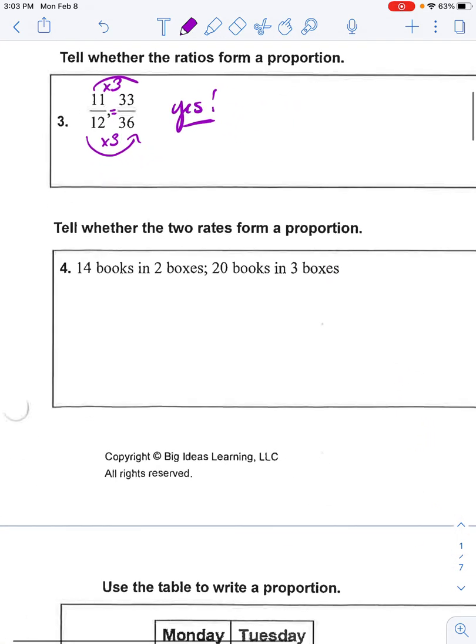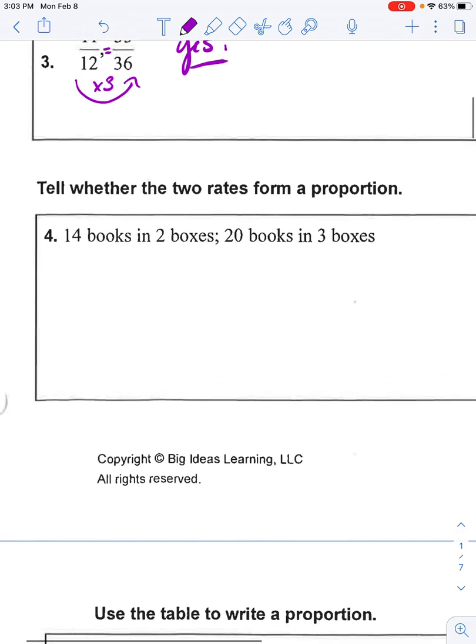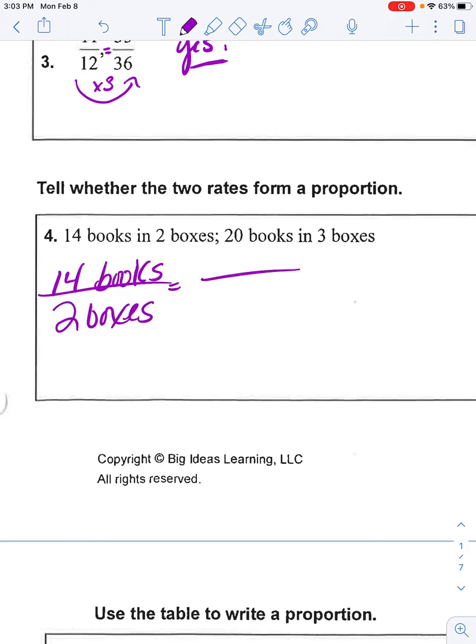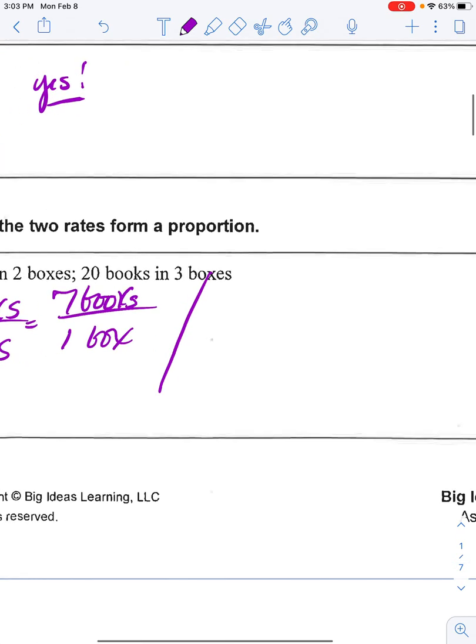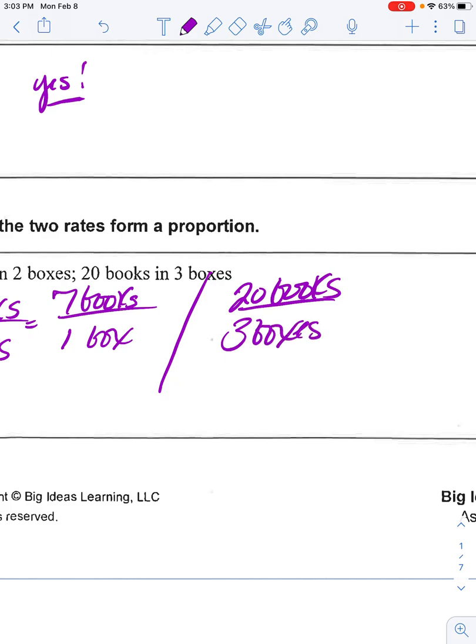Number 4, tell whether the two rates form a proportion. Okay, 14 books in 2 boxes would be 7 books per box. Is that in proportion with 20 books in 3 boxes?